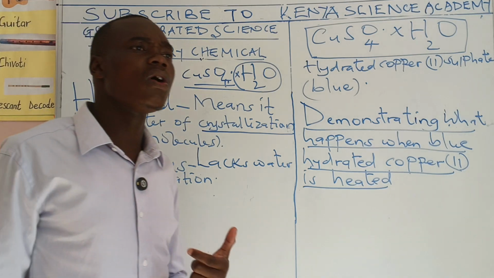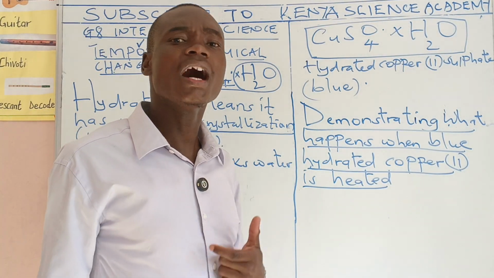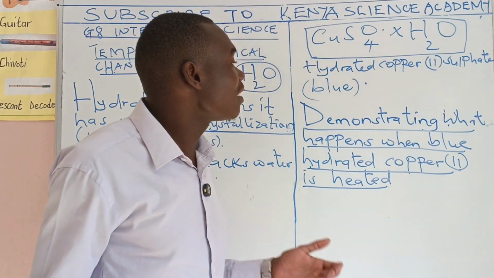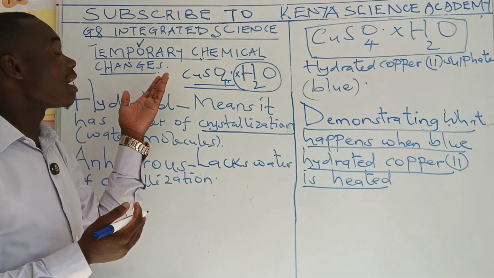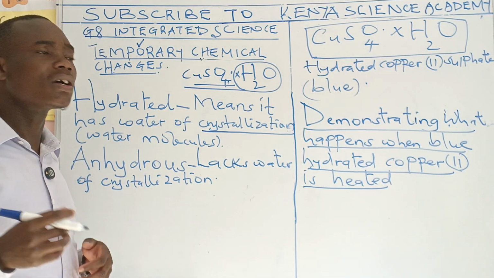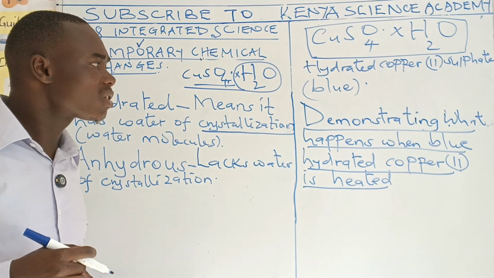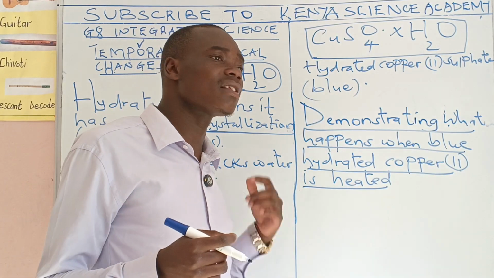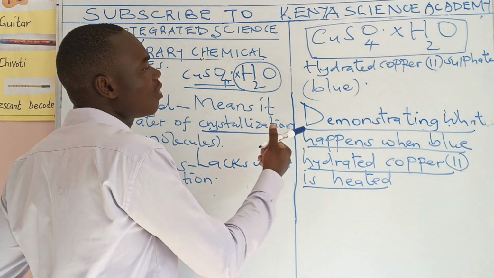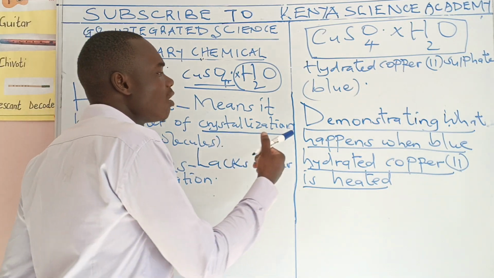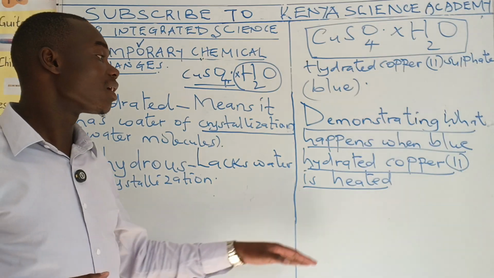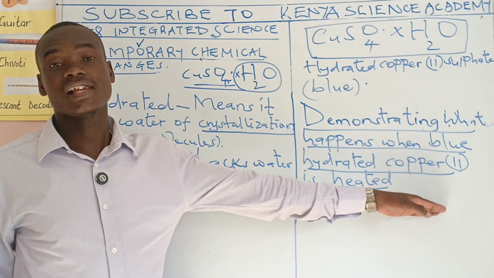For us to know that a change has happened, we have to do an activity. Of course, how can I tell you that it is a temporary chemical change without seeing what is happening? So when you go back to your schools, try to liaise with your science teacher and find a way to go to the lab to demonstrate heating hydrated copper 2 sulfate.